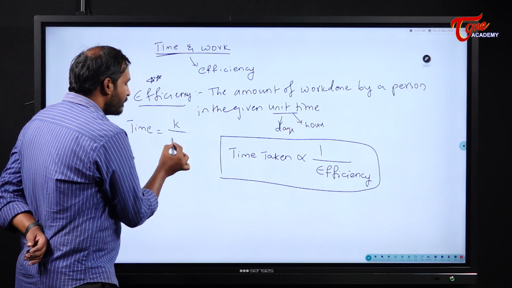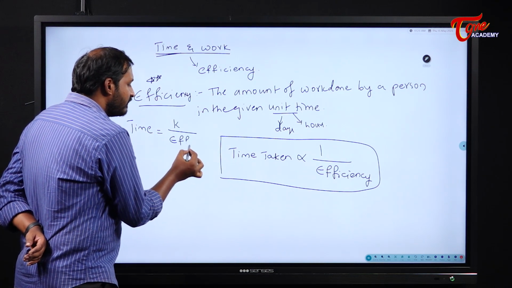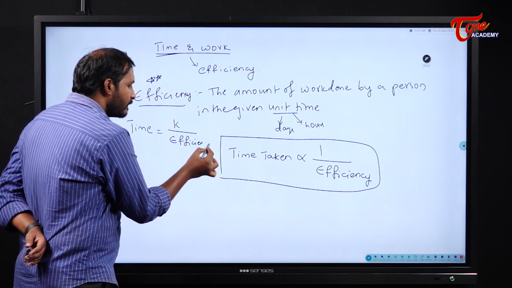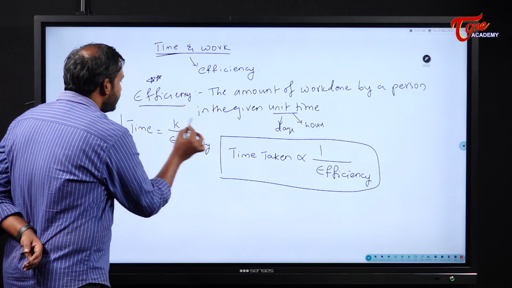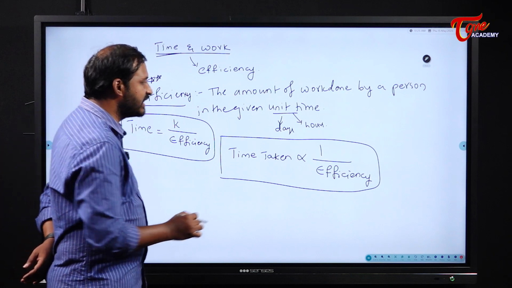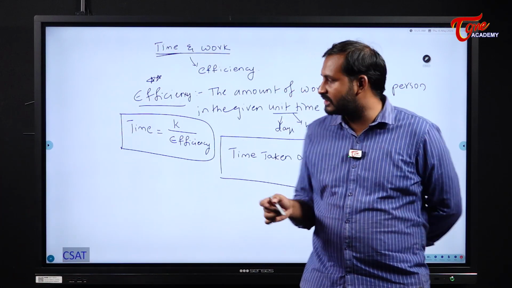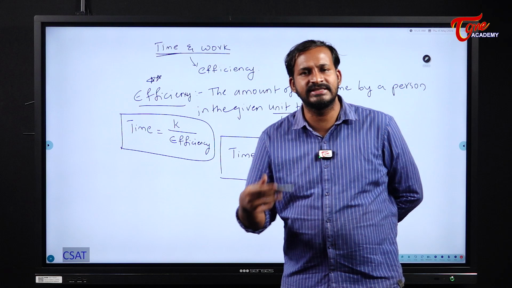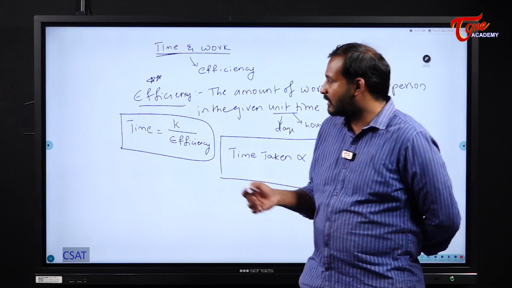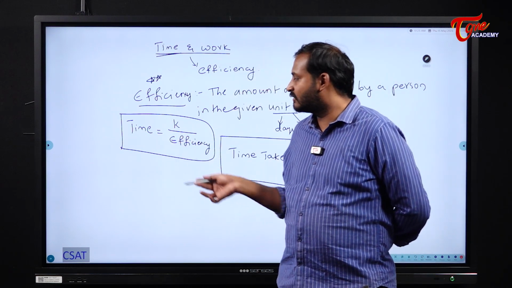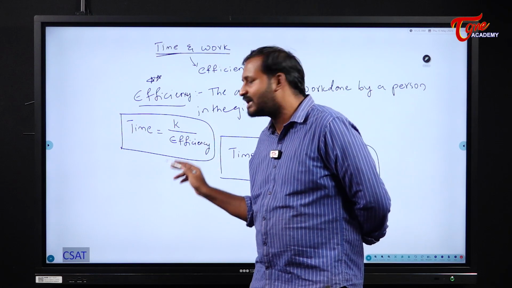So time taken will be equal to k by efficiency, where k is a constant. That is a mathematical process, right?